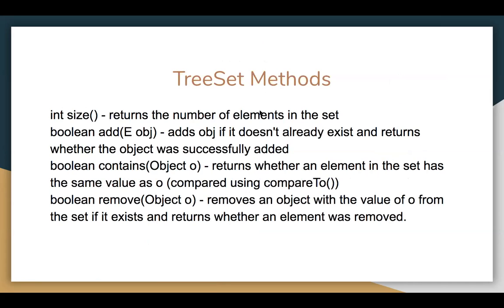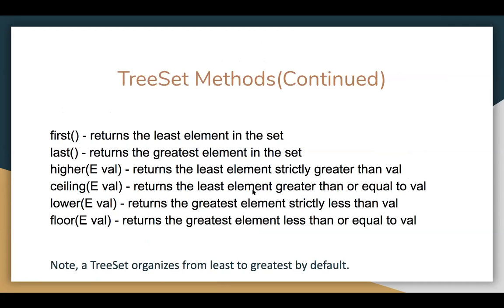Tree set methods. Some of these are pretty similar to other ones: there's size, add, contains, remove. I'm not going to go over it too much. And more methods, these are new. This one's called first, and it returns the least element in the set.